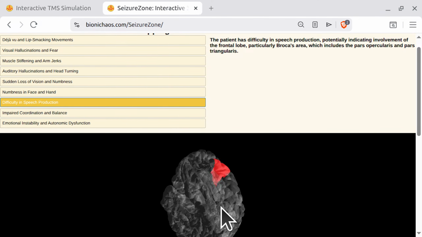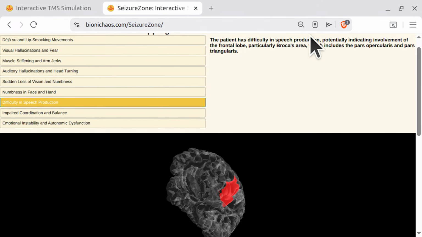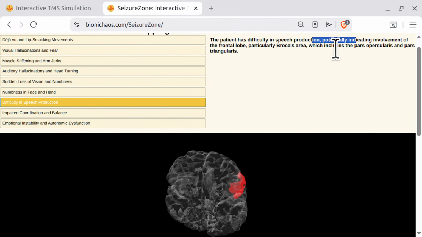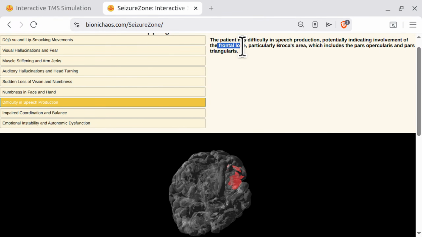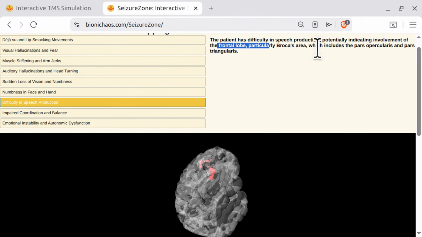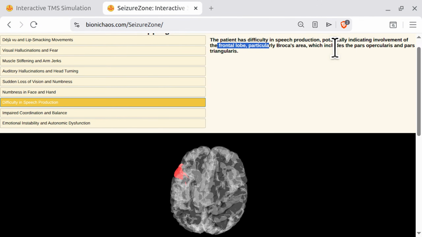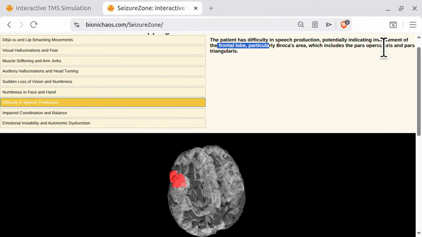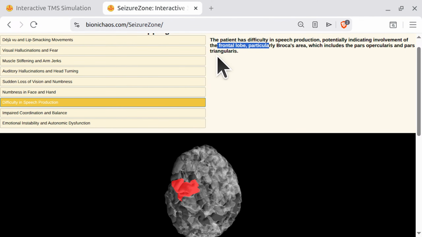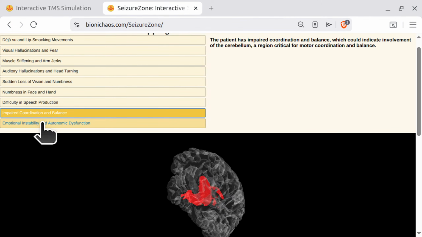Difficulty in speech production. So that will be the speech area over there. Potentially indicating involvement of the frontal lobe, particularly Broca's area, which includes the pars opercularis and pars triangularis. Yeah, the coordination and balance, so on and so forth.